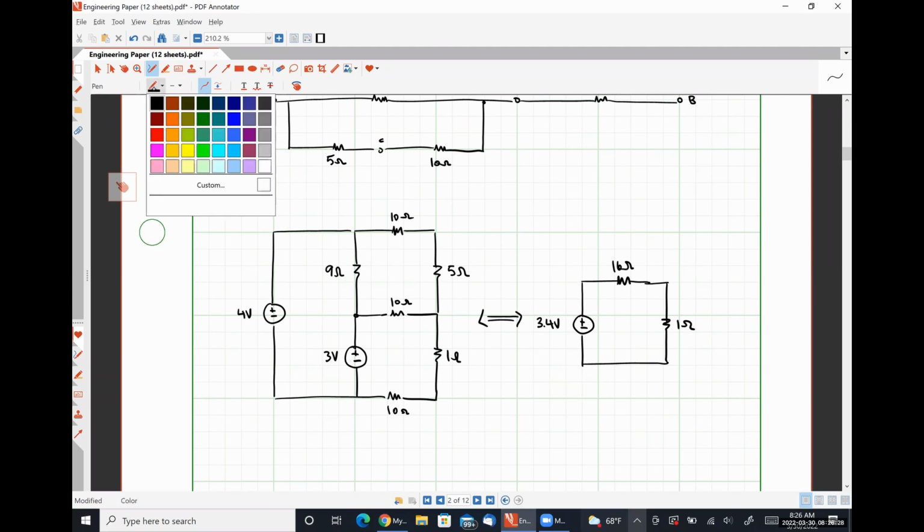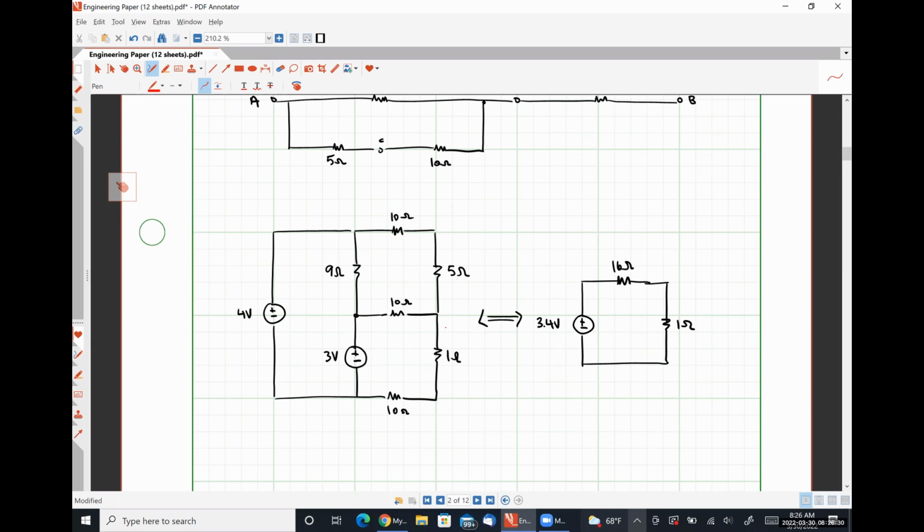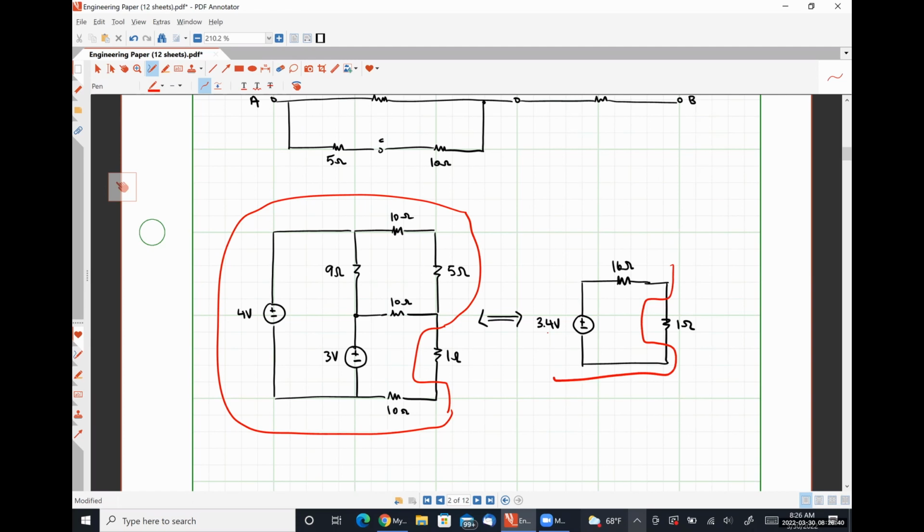So from the perspective of the 1 ohm resistor, this circuit is the same as this. Okay. So 3.4 volt source in series with a 16 ohm resistor is electrically equivalent to that big ugly thing on the left. All right. This would make performing a power calculation or something like that pretty simple.